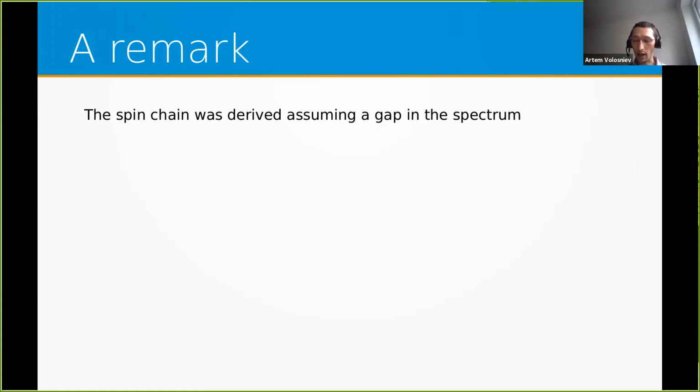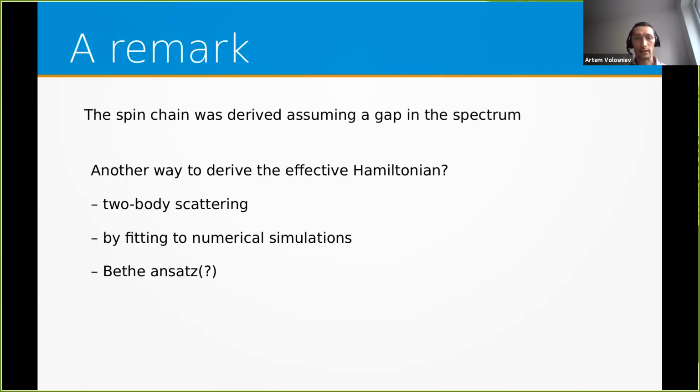And the question would be how to understand what we actually have, is it correct or not? And basically, besides what I showed to you, it would be nice to have another way to derive this effective Hamiltonian. So it might be by fitting to numerical simulations.